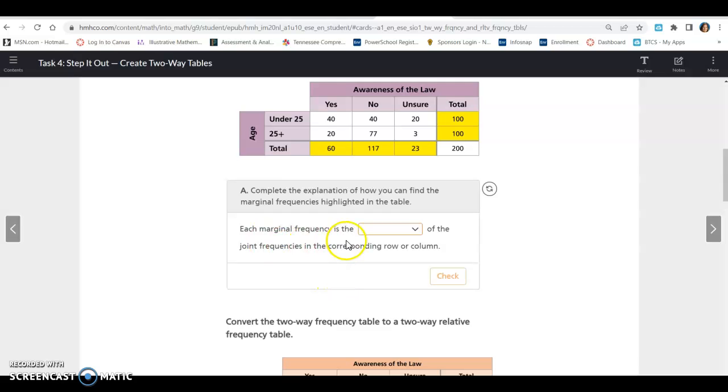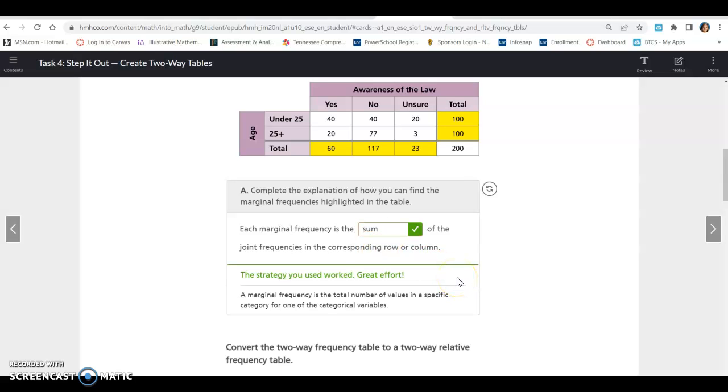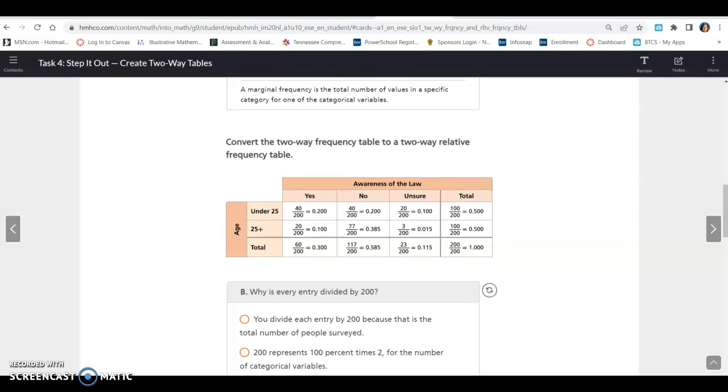Each marginal frequency is the blank of the joint frequency in this corresponding row or column. You can see that these highlighted areas are the totals. So 40 plus 20 equals 100, and 40 plus 20 equals 60. So those are just the sum of the joint frequencies in the corresponding rows and columns.